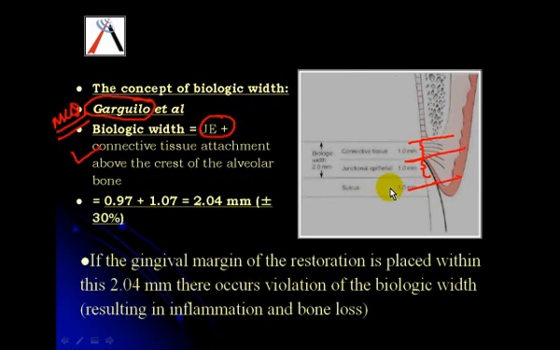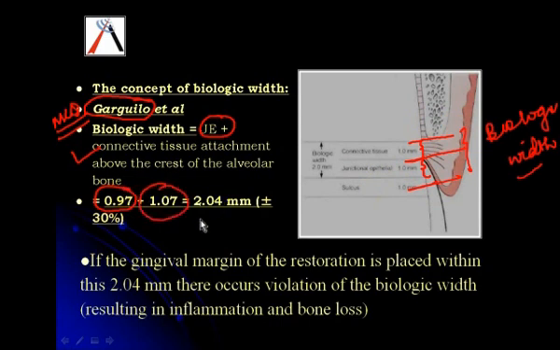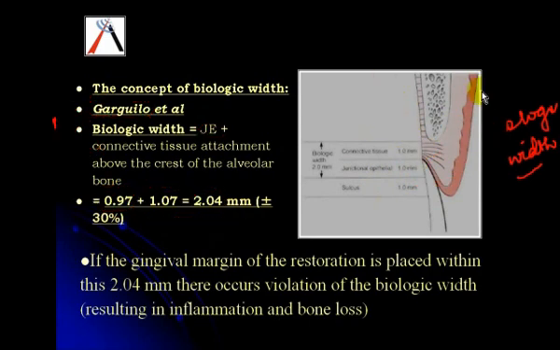Sum of two is your biologic width. And usually it is 0.97 plus 1.07, that is equal to 2.04 millimeters plus minus 30%. And if you place the restoration within 2.04 millimeters, if you violate this biologic width, it results in inflammation.